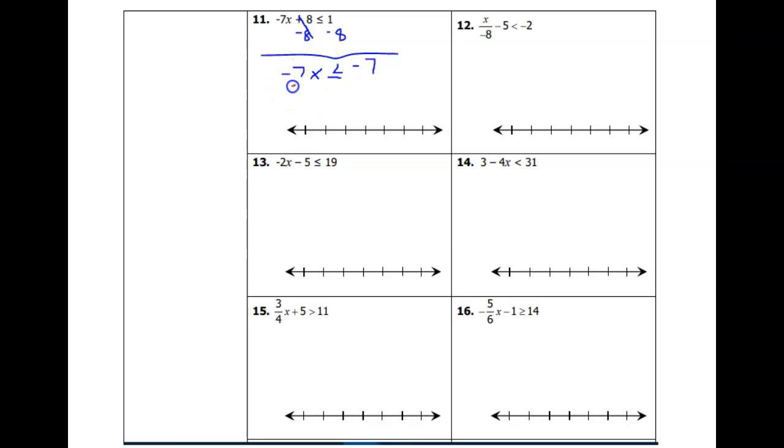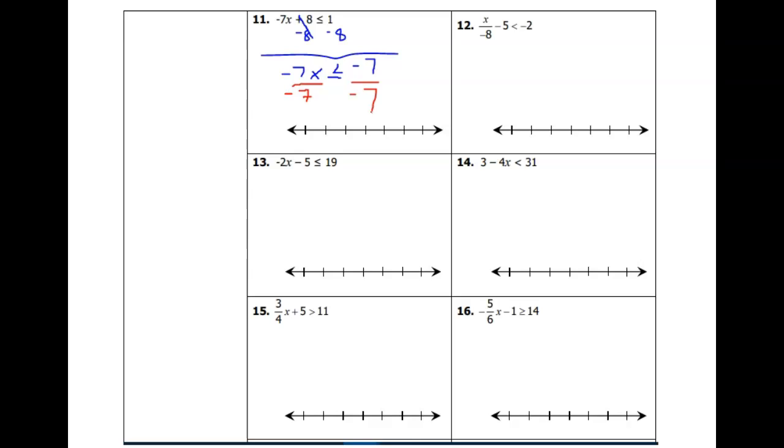Now, this is where you got to pay attention. I'm dividing by a -7 on both sides. What did I tell you to do if you multiply or divide by a negative number with inequalities? When I divide or multiply by a negative number, what do I do to the inequality?